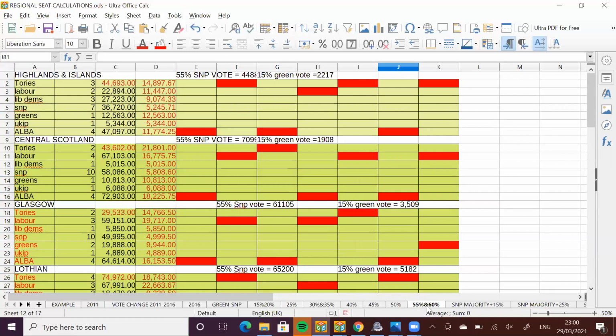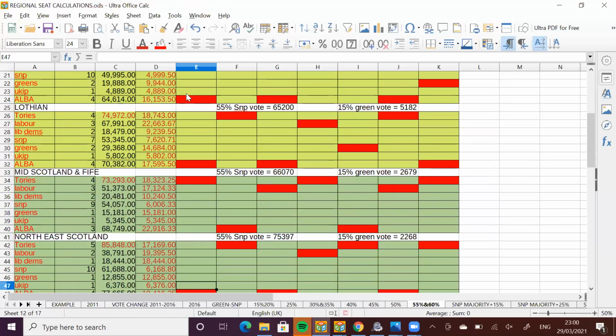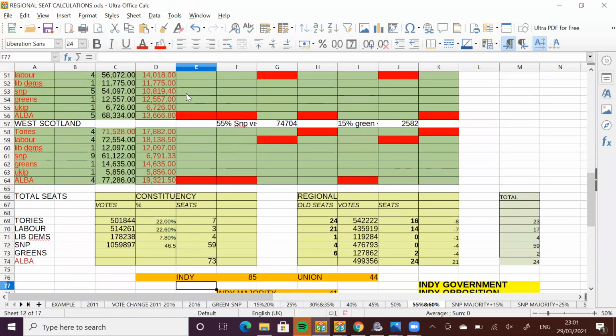And then if we can really get 50 to 60%, we get 24 Alba MSPs, but the Tories dropped to 16 on the regional and 7 on the constituencies, which would mean 23.